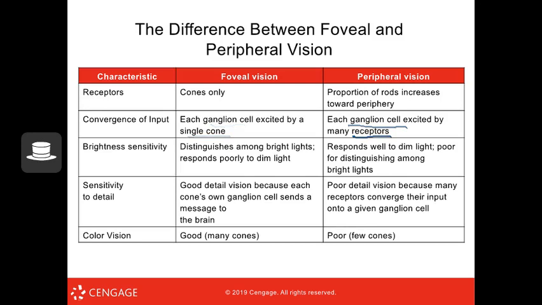When it comes to brightness sensitivity, it's much easier for you to distinguish among bright lights with your foveal vision. You respond very poorly to dim light, but in your periphery, you're going to respond well to dim light, but you're going to have less ease when it comes to distinguishing among bright lights. You're going to get very good detail vision with your foveal vision, less so with your periphery. Very good color vision with your foveal vision in the focus, but when it comes to the periphery, you're not going to get as great color perception.